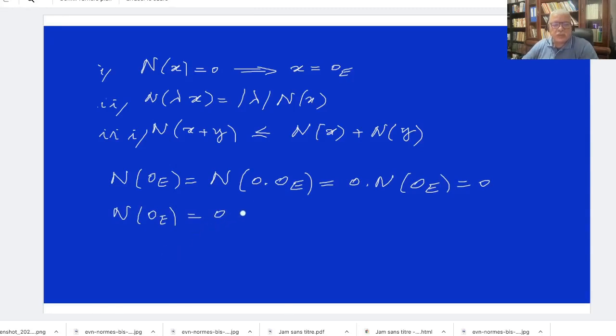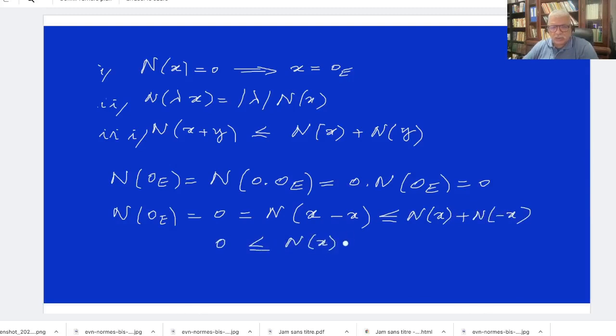Starting from this relation, n of 0 is also n of x minus x, x being any element of E, which is bounded by n of x plus n of minus x, and thus we obtain that 0 is bounded by n of x plus the absolute value of minus 1 times n of x.